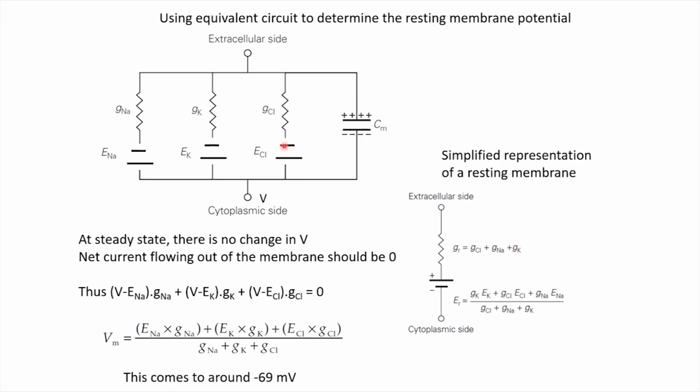All these channels that are open in the resting state are sometimes called the leaky channels or leakage channels. So these are channels that are always open in the resting state of the membrane. And later we will talk about the active channels that are not always open but open in response to certain events happening in the neuron. But these channels that are always open are called leakage channels.